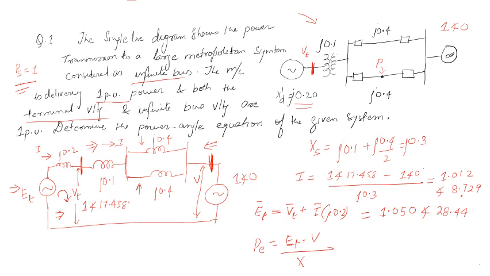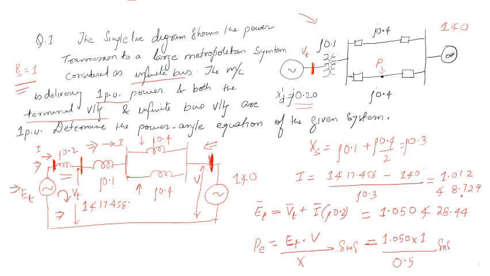Now this X will differ from X sine delta. Why? Because now you have to include 0.2 also, J 0.2 also. So here ET is 1.050, V is 1, and if you include 0.2 from this end to this end, now you have to include the X. So now X changes to 0.5, right? 0.5 sine delta.